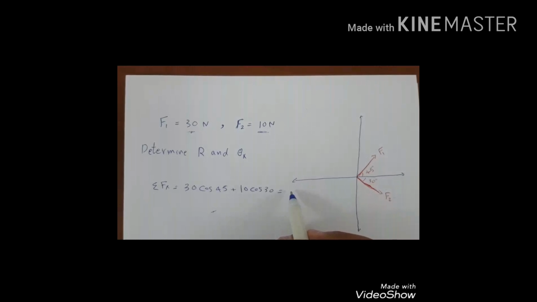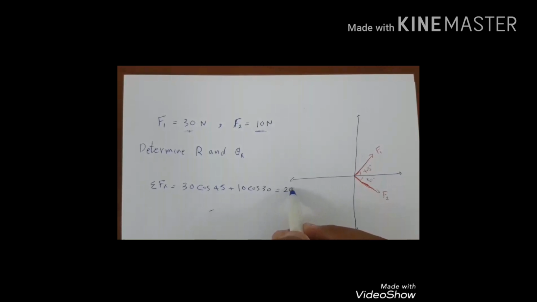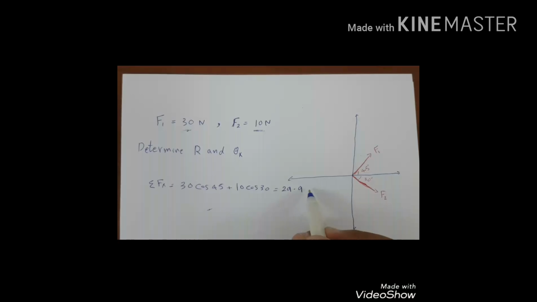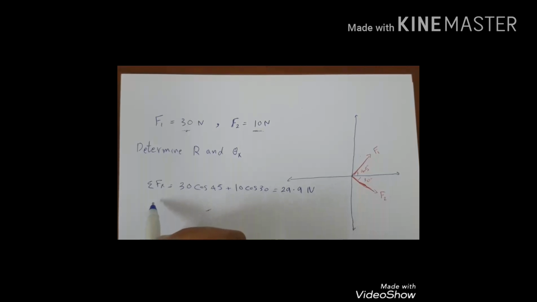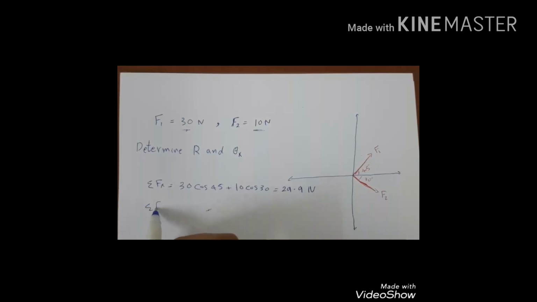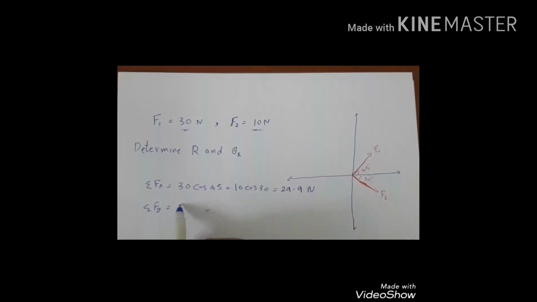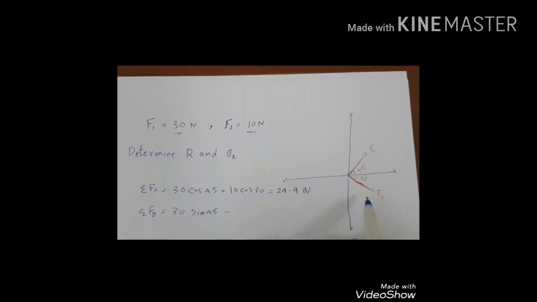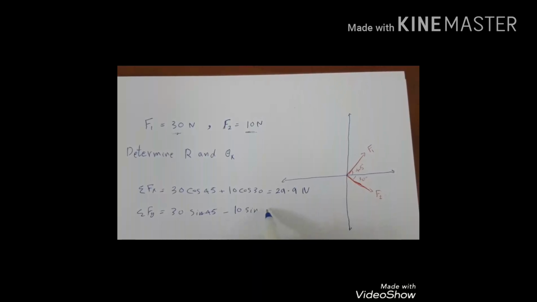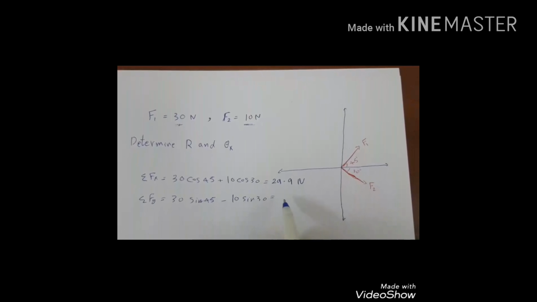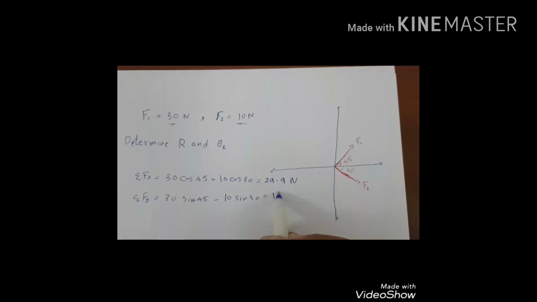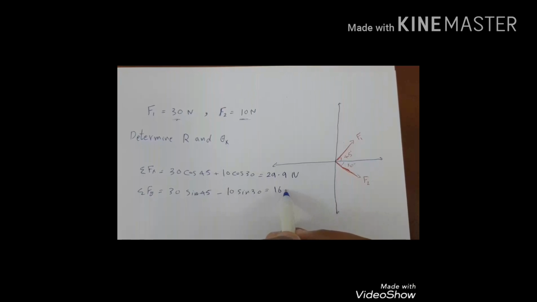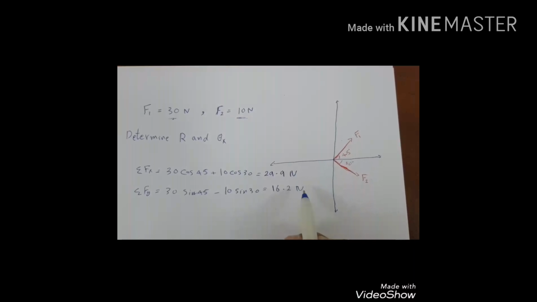This will be equal to 29.9 Newton, and sigma Fy equals 30 sine 45 minus, like we see here, 10 sine 30. This will be equal to 16.2 Newton.